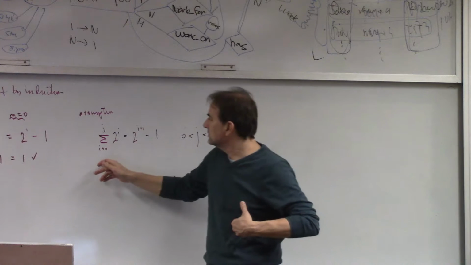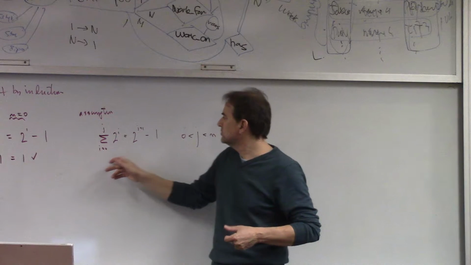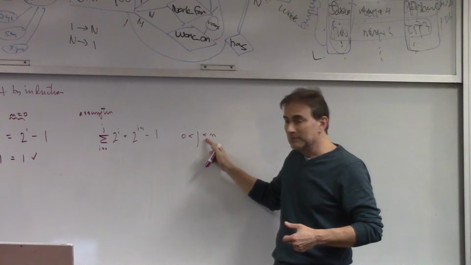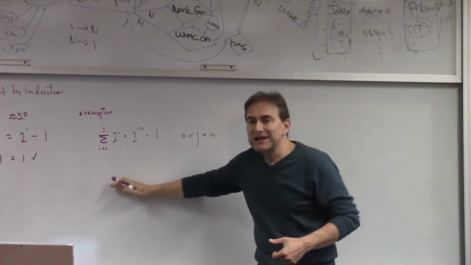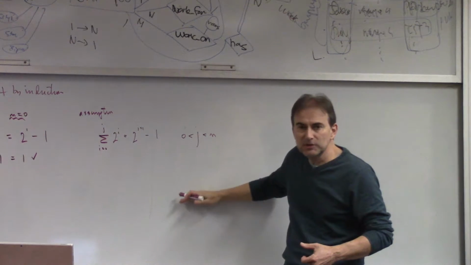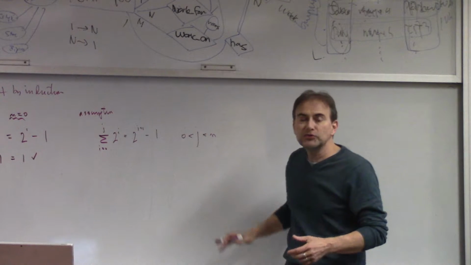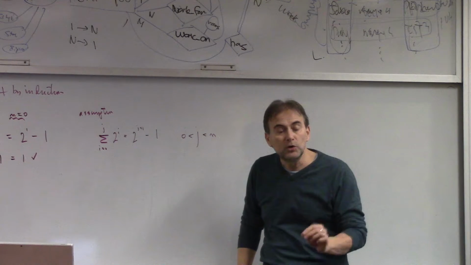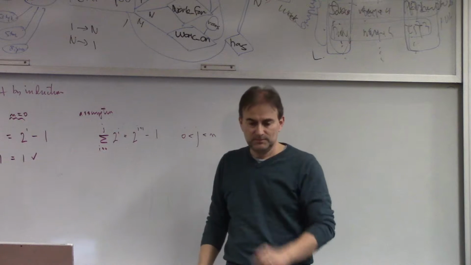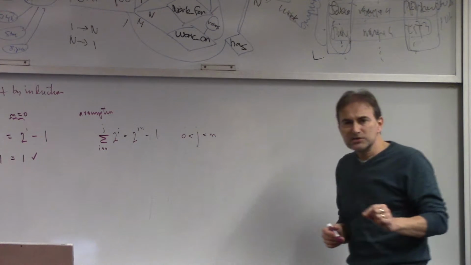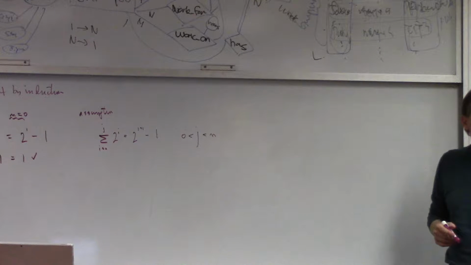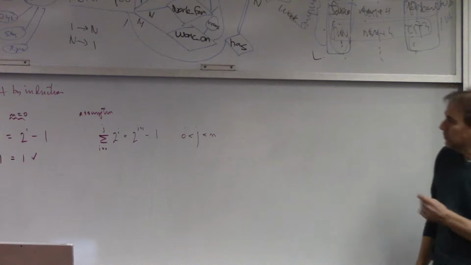You make arguments to show that if the assumption holds for j, up to but not including n, you can logically produce a proof that it must also hold for n.